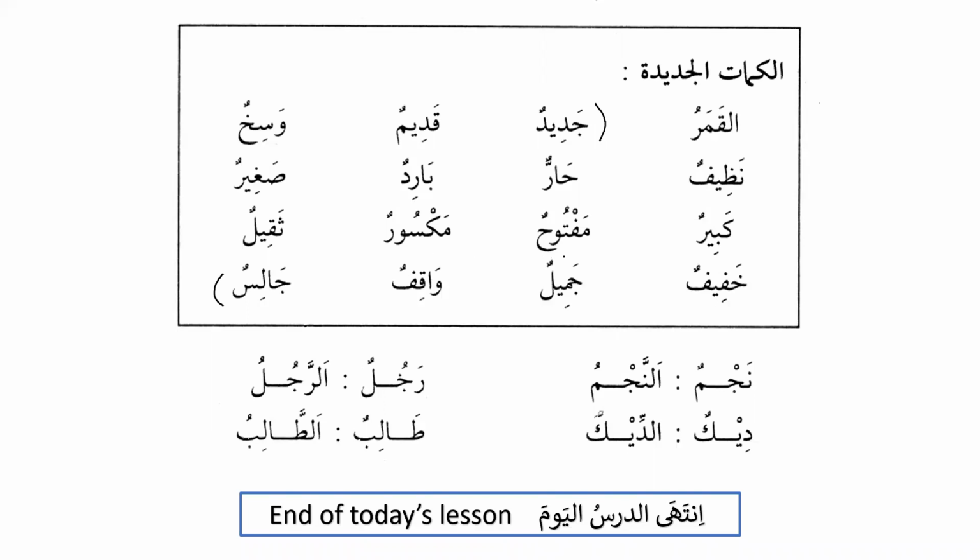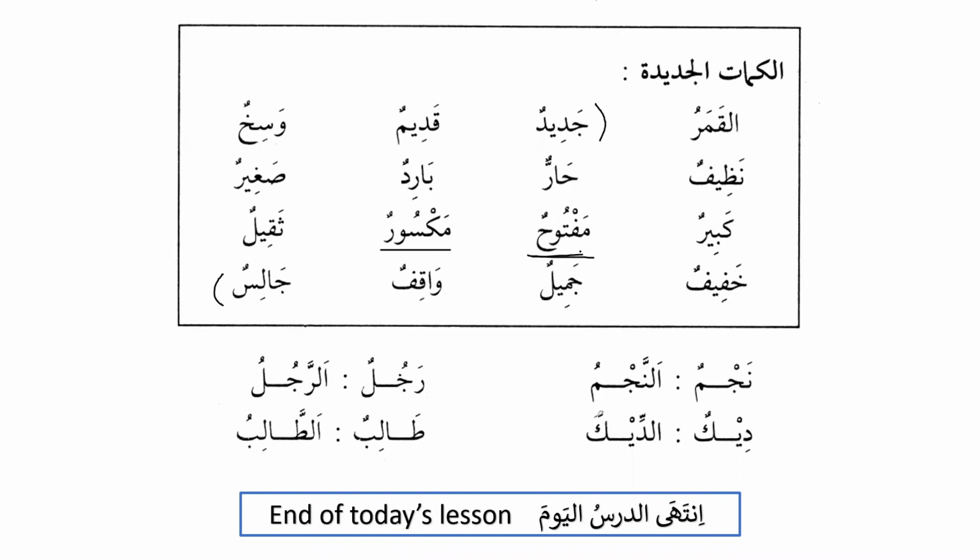Okay, this pattern, maf'ulun, as of now you just need to remember that this pattern gives the meaning of something passive. For example, we have maftuhun, maksurun, ma'budun, masjudun, maqtulun. Anything that the action was performed on comes on this pattern. So please remember that the pattern is maf'ulun.